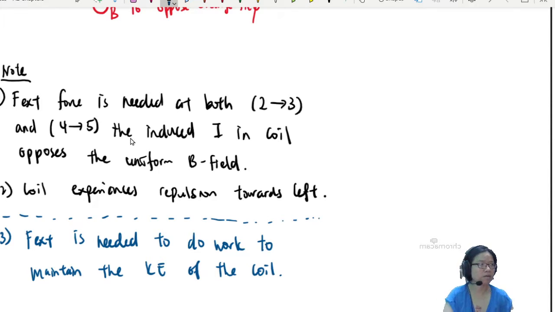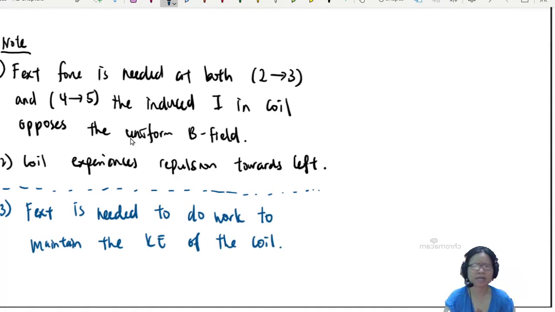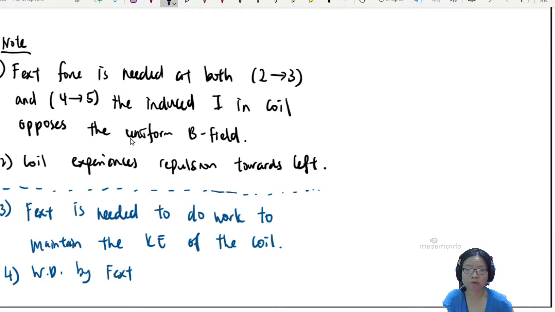Then you might be thinking, if the KE is the same, then what does this external force do work for? The work done by this external force is converted to electrical energy.